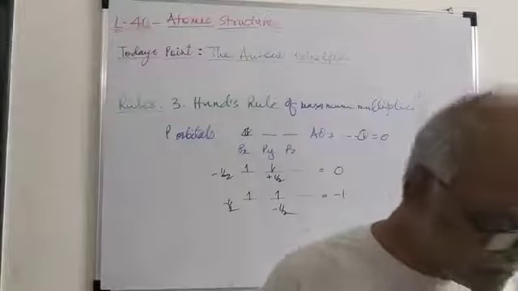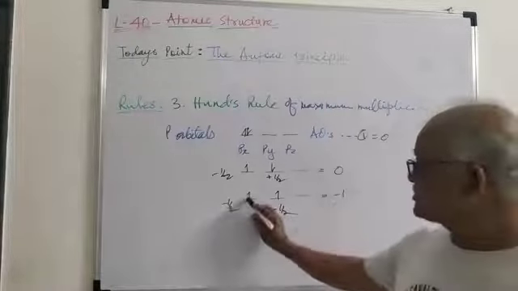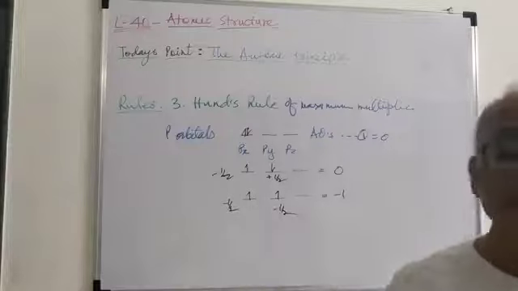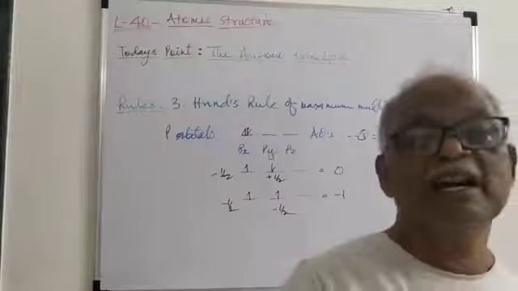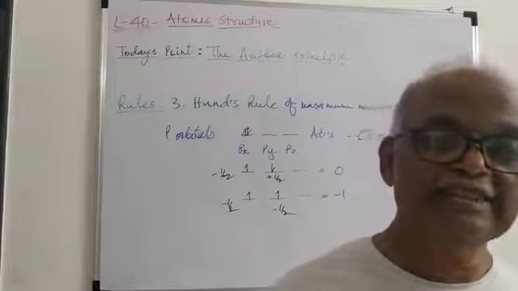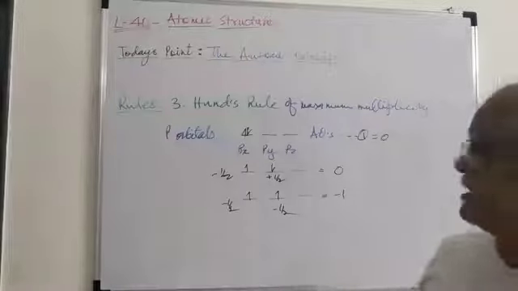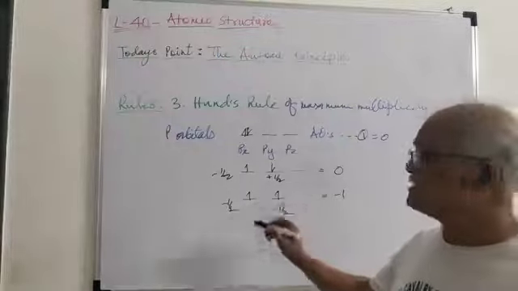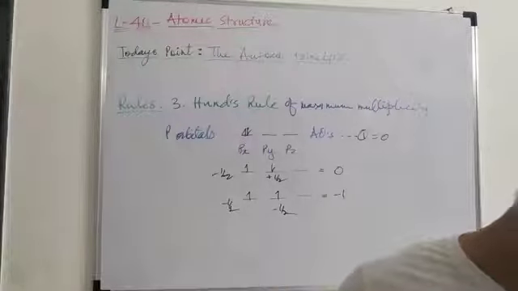The -1/2 means the 2 electrons are present with the same type of spin, spinning about their own axis either in a clockwise direction or in an anti-clockwise direction. So here both spins are the same.